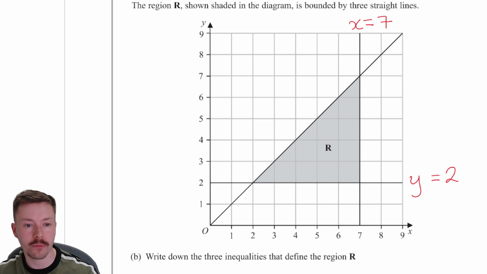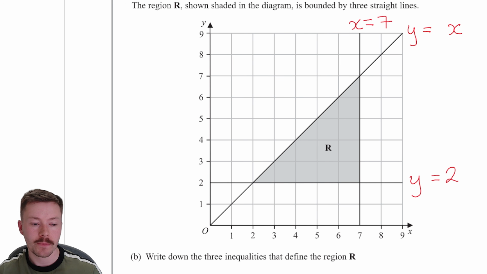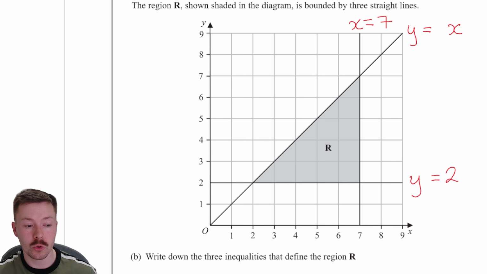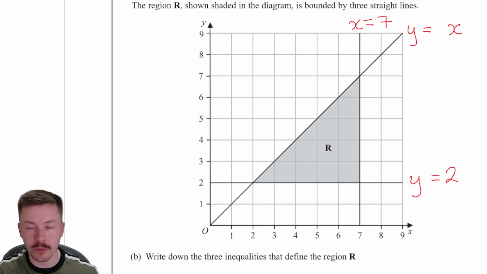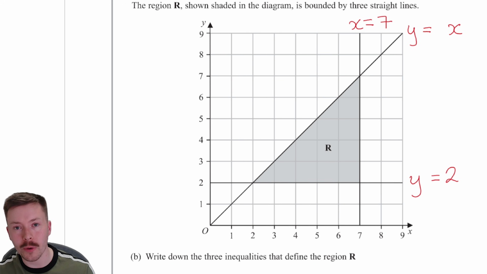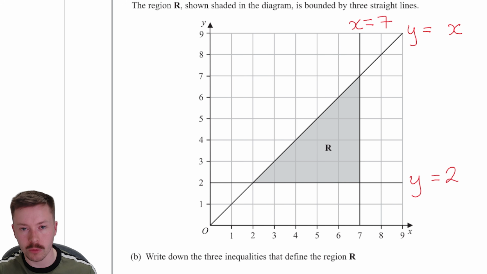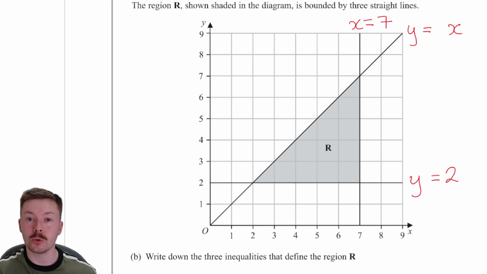Now, for our line here, there is a quick and easy way for most lines to work out the gradient, but it doesn't always work because it depends what your points are and where it goes through. So if it doesn't go through some nice points, as this one does, then you would have to use change in y divided by change in x.